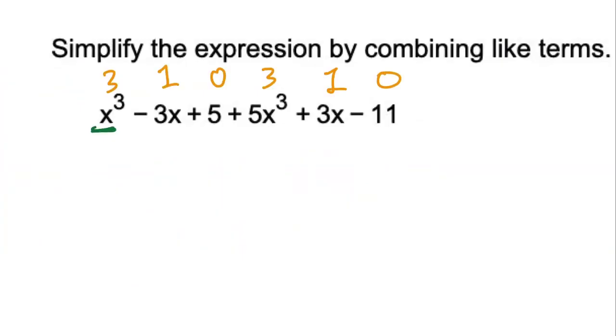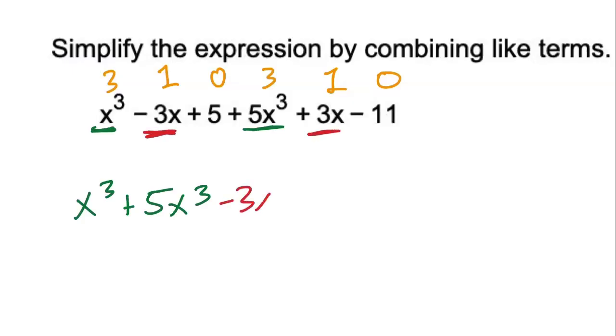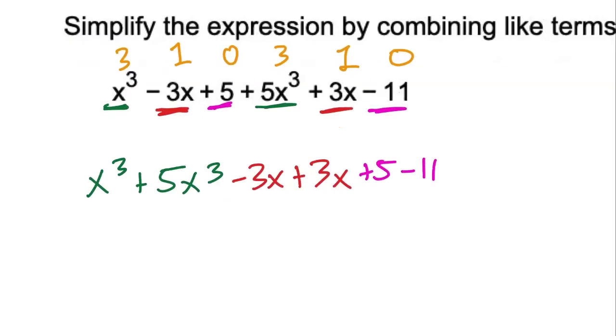So x cubed, 5x cubed, those both have a degree of 3. Negative 3x and positive 3x both have a degree of 1. 5 and negative 11 both have a degree of 0. So positive 5, negative 11.